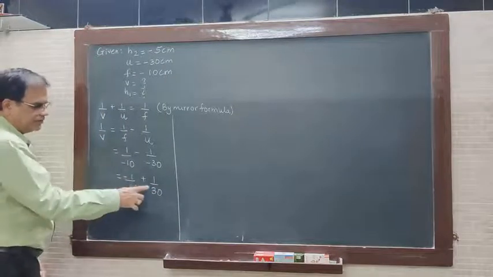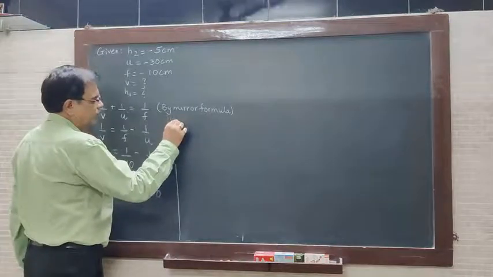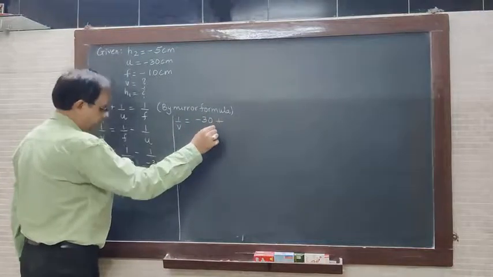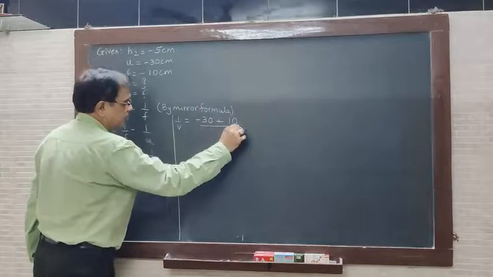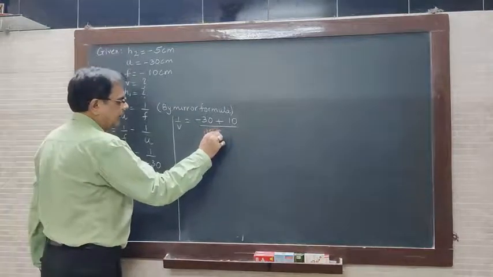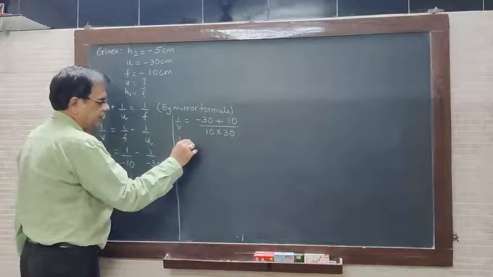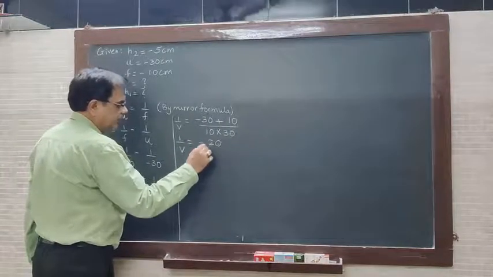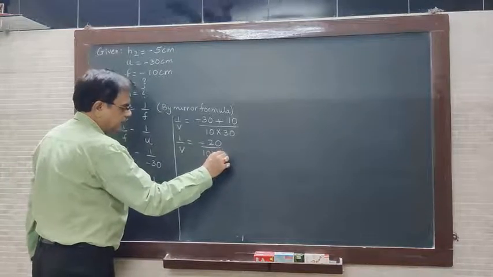I won't find out the LCM. 30 ones are 30, so 1 upon V is equal to minus 30 plus 10 ones are 10, upon denominator multiply both the numbers, 10 multiplied by 30. So 1 upon V is equal to minus 20 upon 10 into 30.